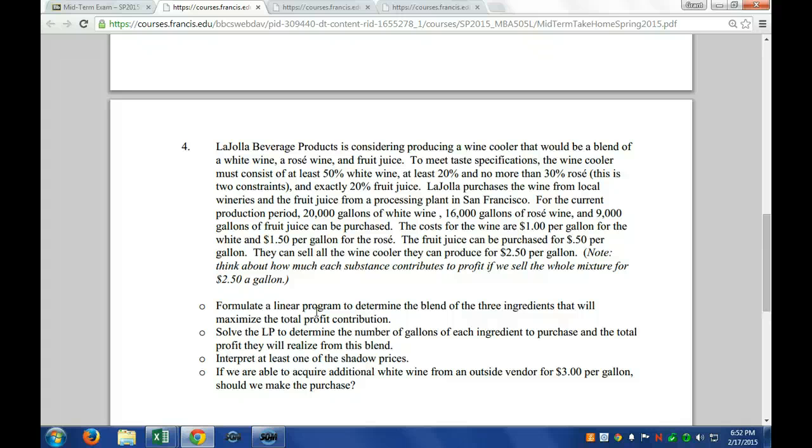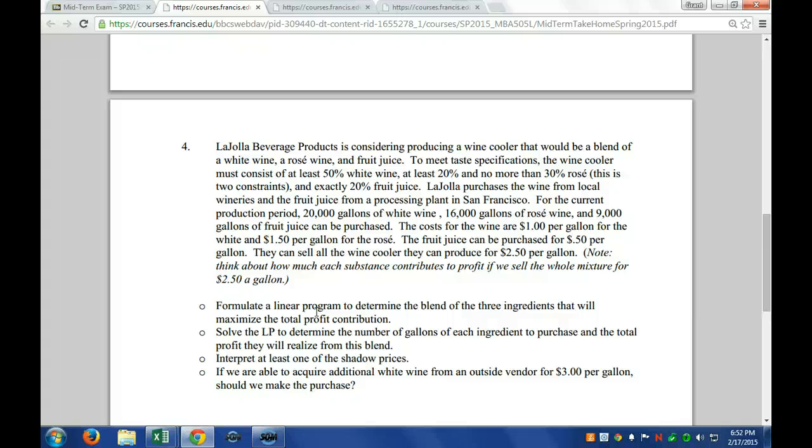The way that makes most sense to me, but it seems to confuse students, so I'll explain that way first, and then you'll see if it makes sense to you, then I'll explain the other way. The one way we can look at it is, this whole big mixture at the end is wine cooler. Say it's millions of gallons, and we sell that whole thing for $2.50 a gallon.